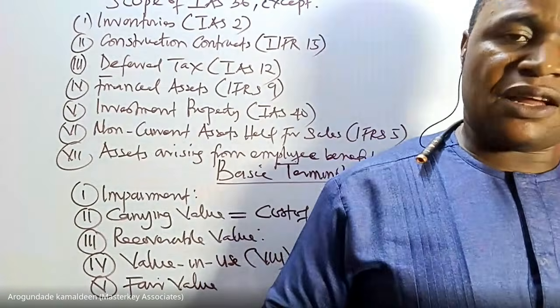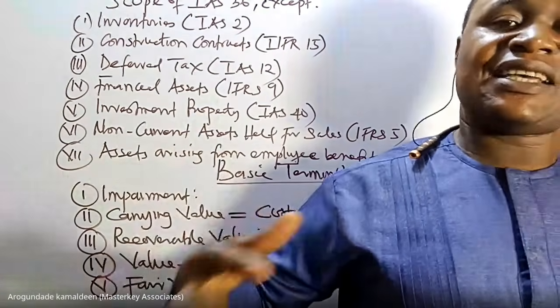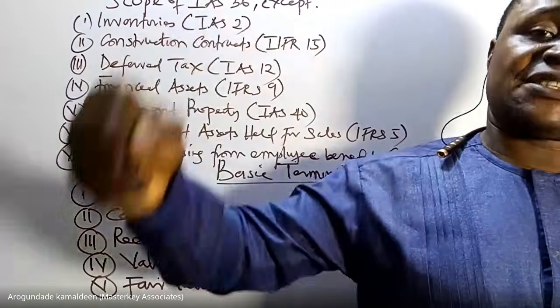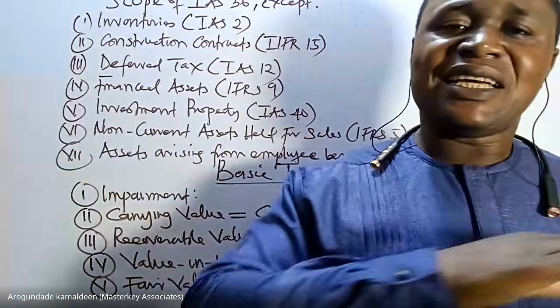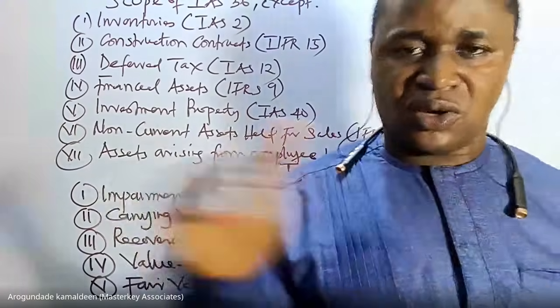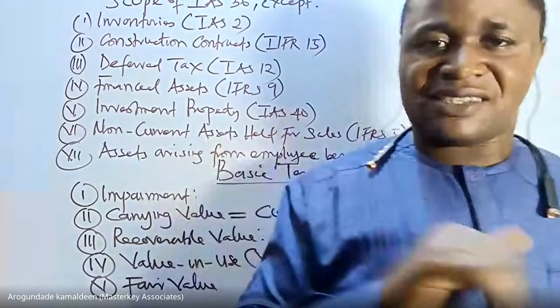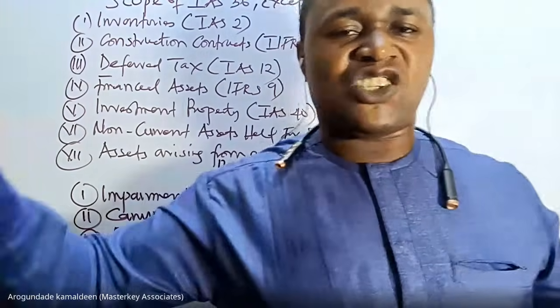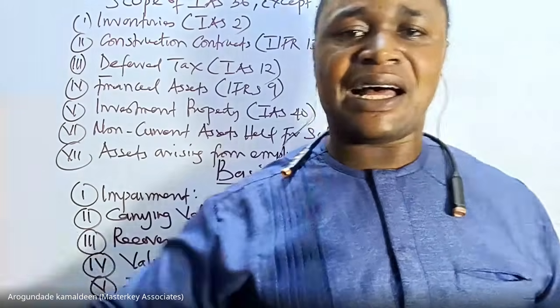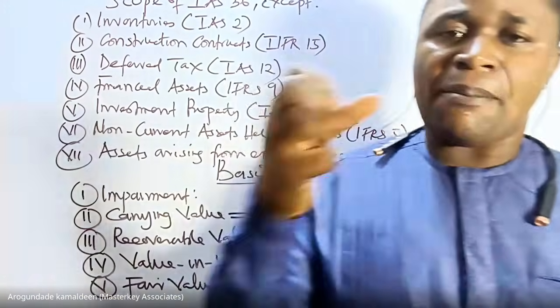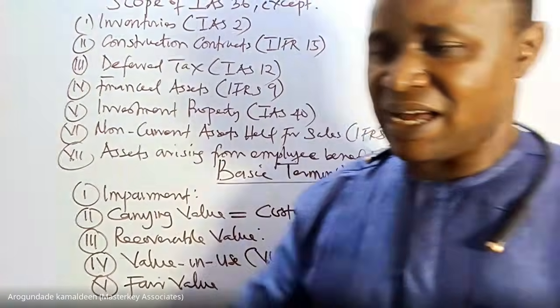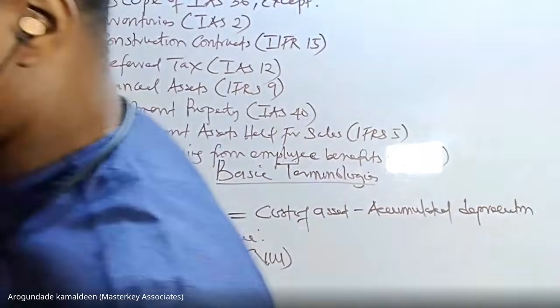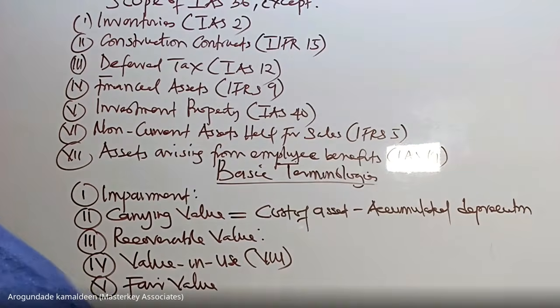Fair value for the asset is the amount you are going to receive when you sell the asset in a normal transaction that is not between related parties. So the amount you are going to realize from the sales of the asset is called the fair value.